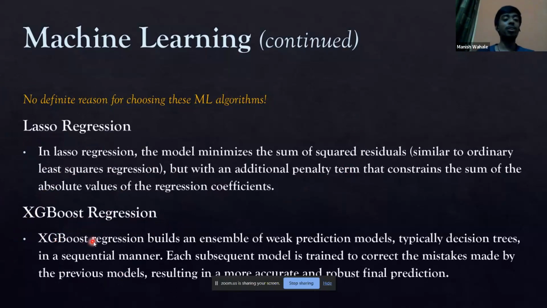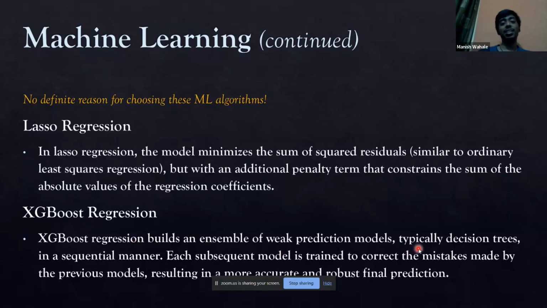XGBoost has gained very much popularity nowadays because it is mostly the winning solution in most ML competitions. XGBoost is basically extreme gradient boosting, an ensemble model.